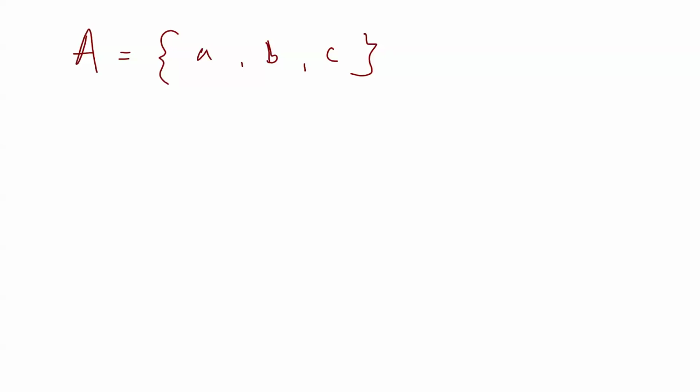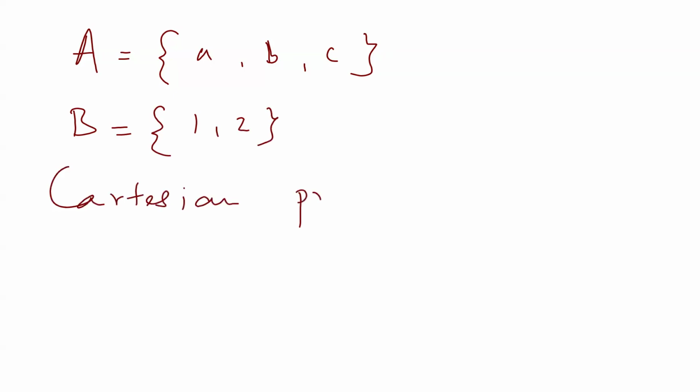Now if I write one more set, B = {1, 2}, and there is something new that you need to learn, that is the Cartesian product of two sets.